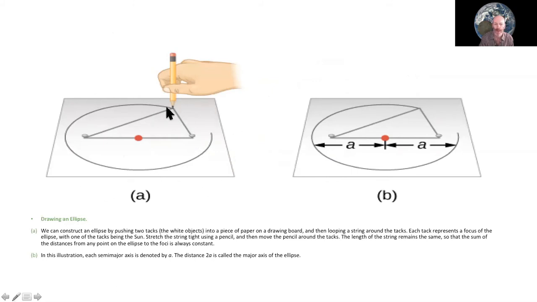The distances from the points around the two tacks stay in constant relation to each other. So our semi-major axes, the A's here, stay the same along the way, and our proportions stay the same.